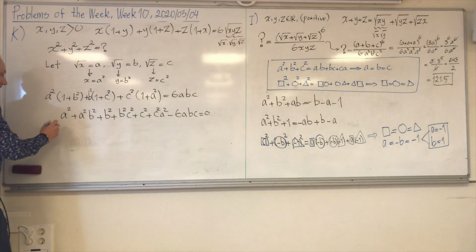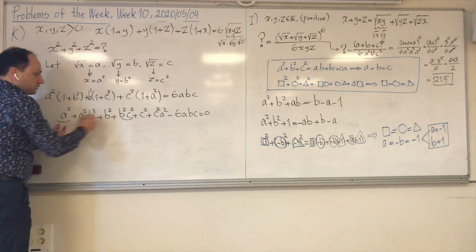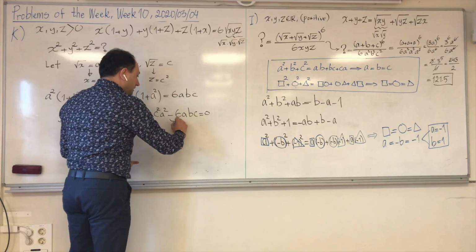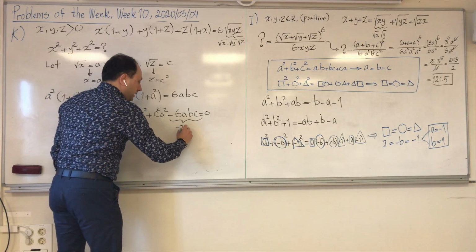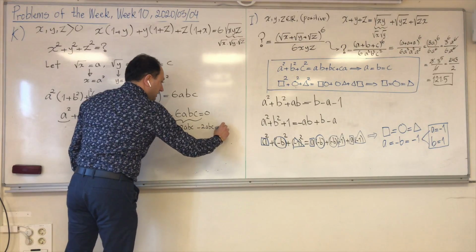Can you see that yourself? I have a squared here. I take it with this one, but I split minus 6abc into 3 equal pieces: minus 2abc, minus 2abc, minus 2abc.